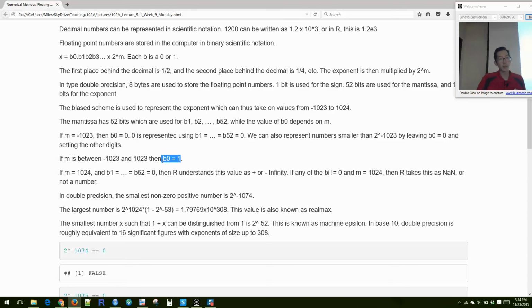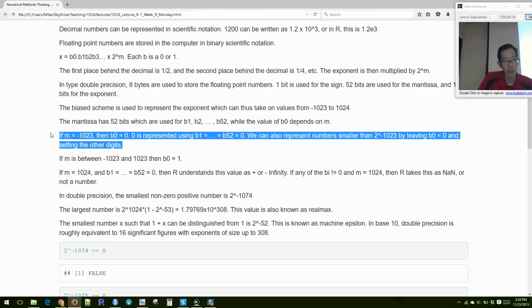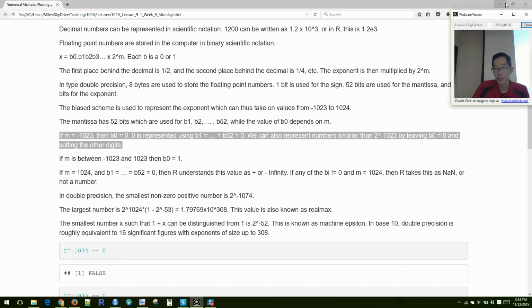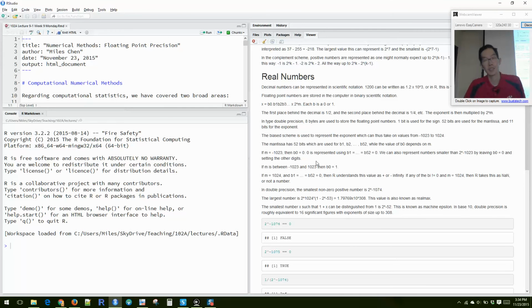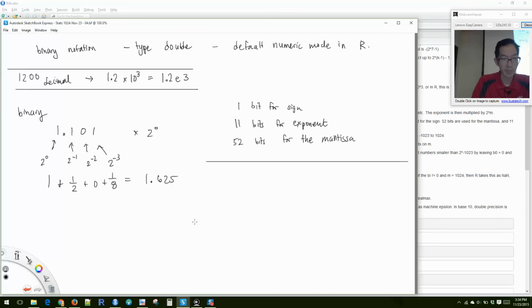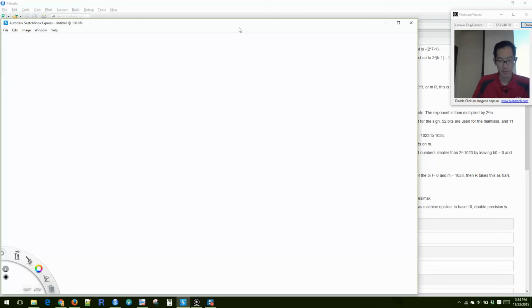If you put a 0 there, then that means you have a value smaller than 2 to the minus 1023. I feel like I'm not doing a great job explaining this.